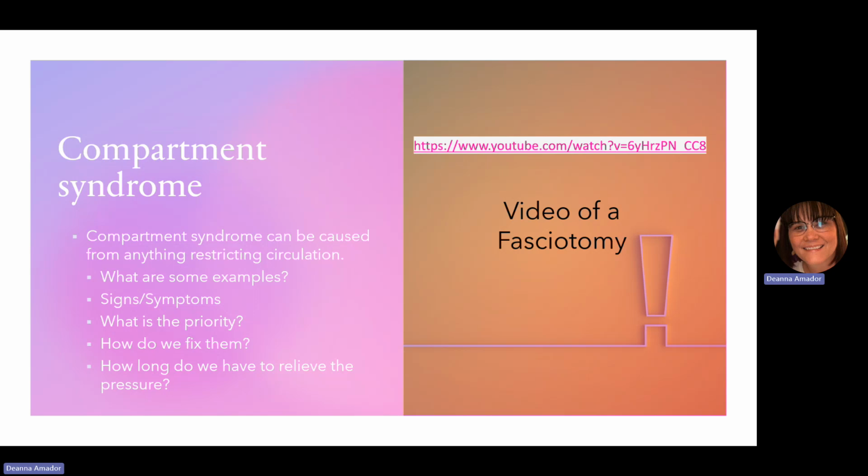You will have about 6 hours to relieve this pressure, and this is done with a fasciotomy. We talked last week with burns that when they cut through the eschar, it's called an escharotomy. A fasciotomy is one thing that we do for compartment syndrome to alleviate this.